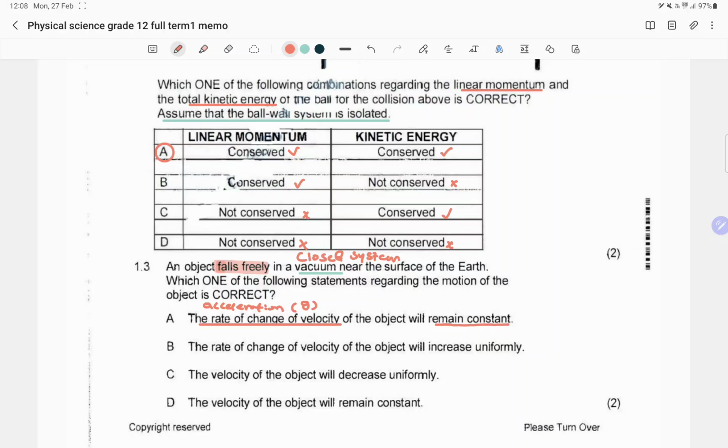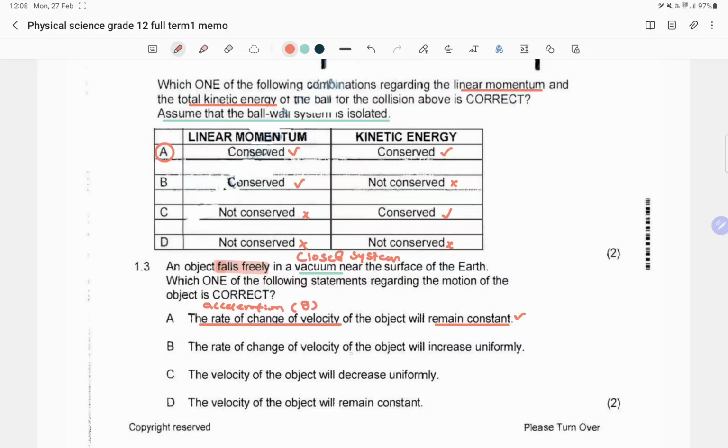That is true, because we know G is constant in a vacuum. In fact, G is just G. So if the resultant force acting on our object is the gravitational force, it already means that acceleration is constant. And acceleration is basically the rate of change of velocity, isn't it? So that's a good one.